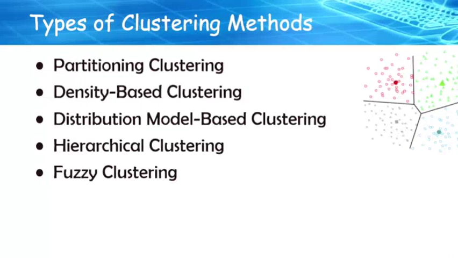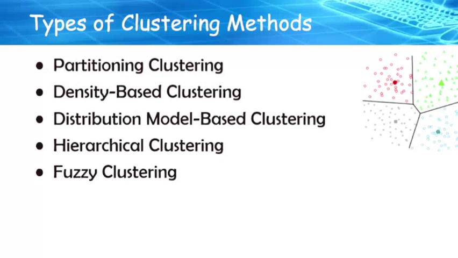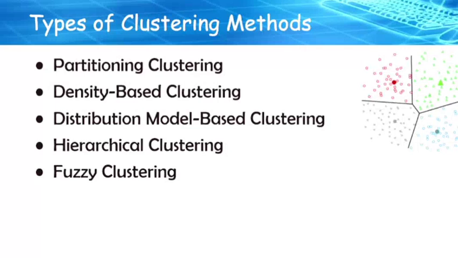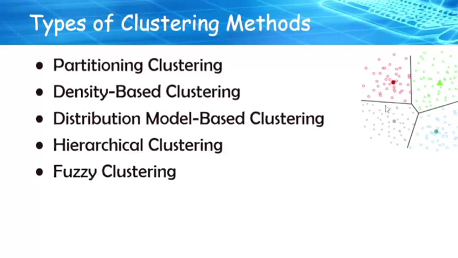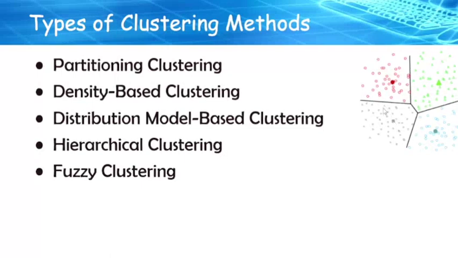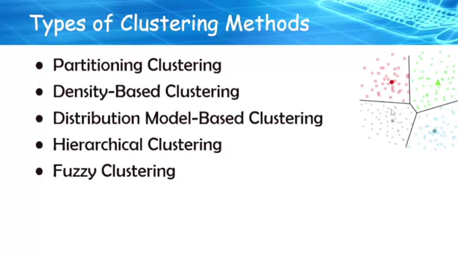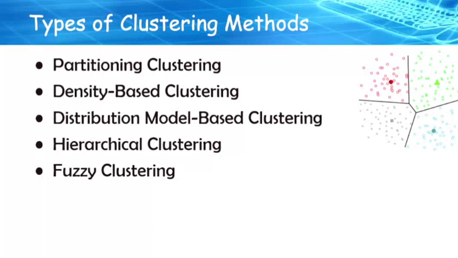The cluster centers are created in such a way that the distance between the data points within a cluster is minimum compared to other clusters. If you just consider this particular data point, the distance from this point to this cluster centroid will be minimum compared to the other three. So that is what it means, and that is about partition clustering.